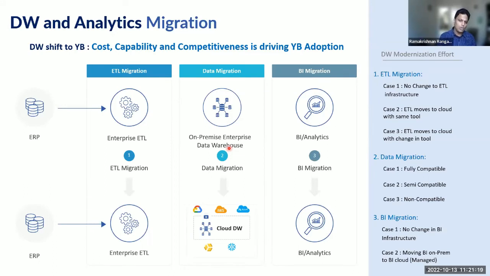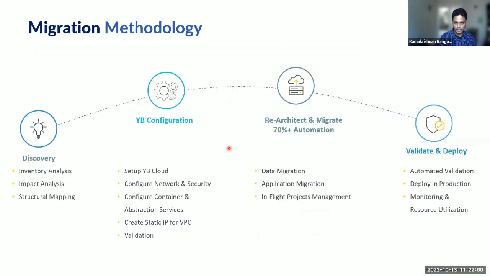Either we can move to a cloud native solution like Tableau Cloud or Looker or MicroStrategy Cloud for that matter, or you could do a simple migration of an on-prem data center to a platform or infrastructure as a service and install these components on the cloud as well. Now, as you can see, there are a lot of different combinations here, right? Either you can migrate one piece at a time, or you can decide to do all in one shot, or you can have a certain number of combinations that you want to migrate to, right? So this is what we talk about. When we say migration or modernization, it boils down to these three streams.